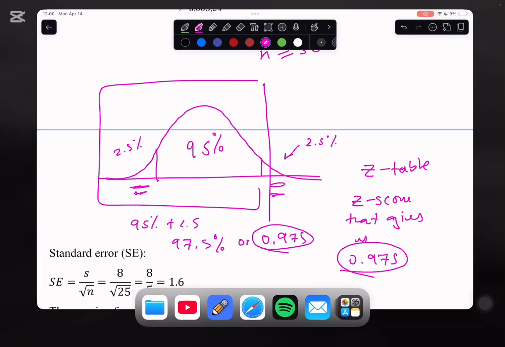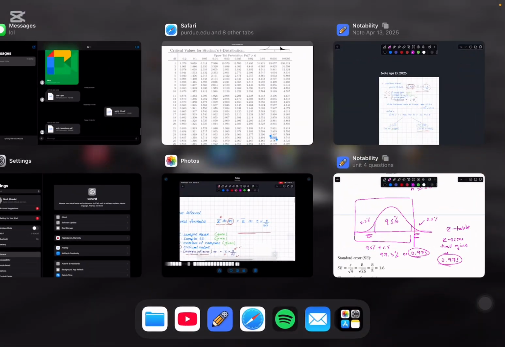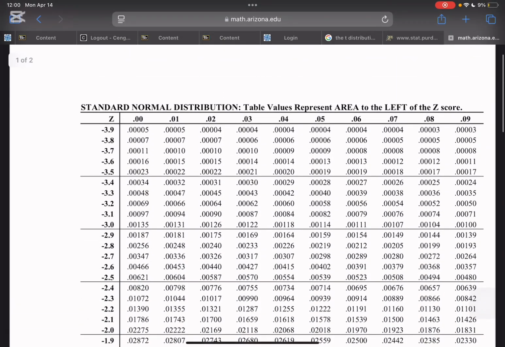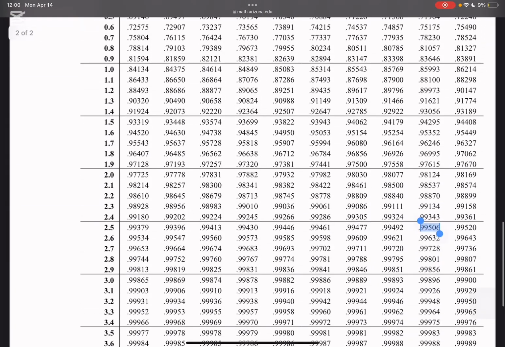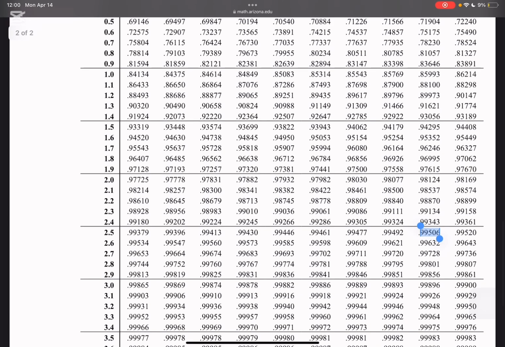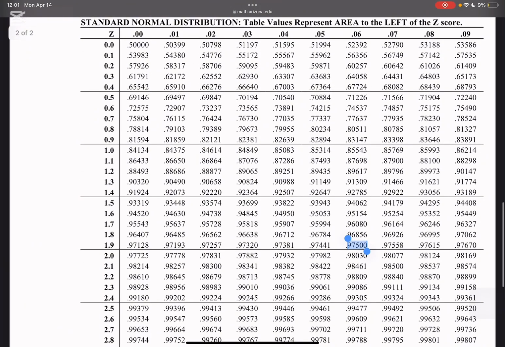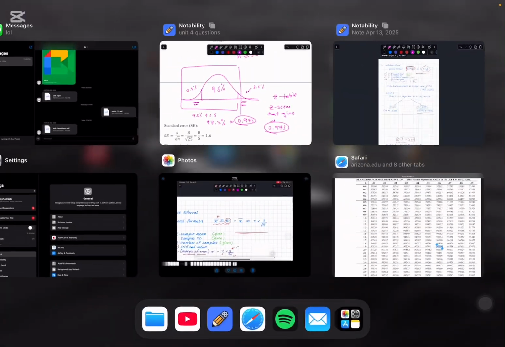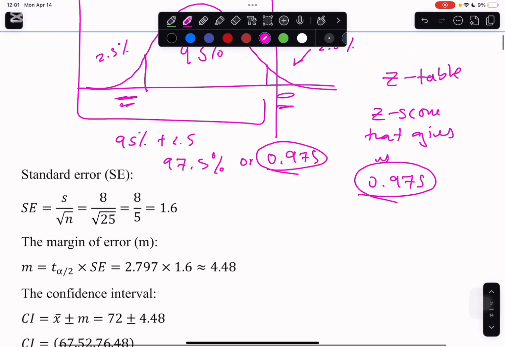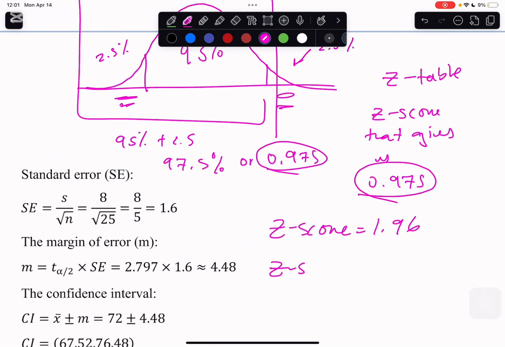Okay, so I'm going to go into the table and find the z-score that gives us 0.975, which I found here, 0.9750. Now I'm going to look at the axes and get the z-score, which is 1.9, and then you go up to 1.96. So 1.96 is the value. So the z-score came out to 1.96. The z-score is the same as the t. So t is also equal to 1.96.